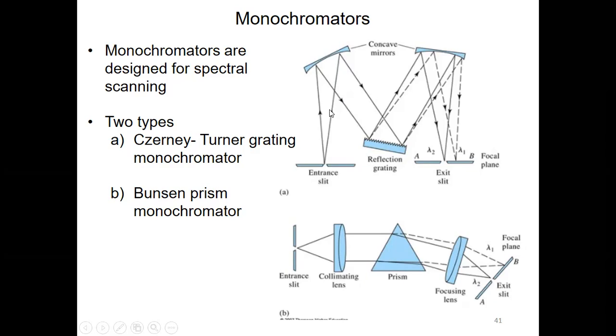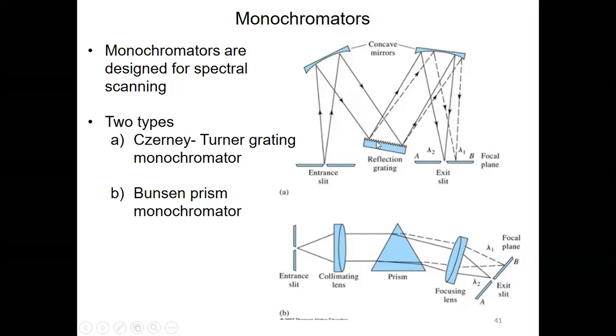Light comes, and after reflecting from this mirror, the beam is reflected as a parallel beam. Then this parallel beam will come to the reflection grating. This is the reflection grating, and the surface is not a smooth one. It has some rough surface.